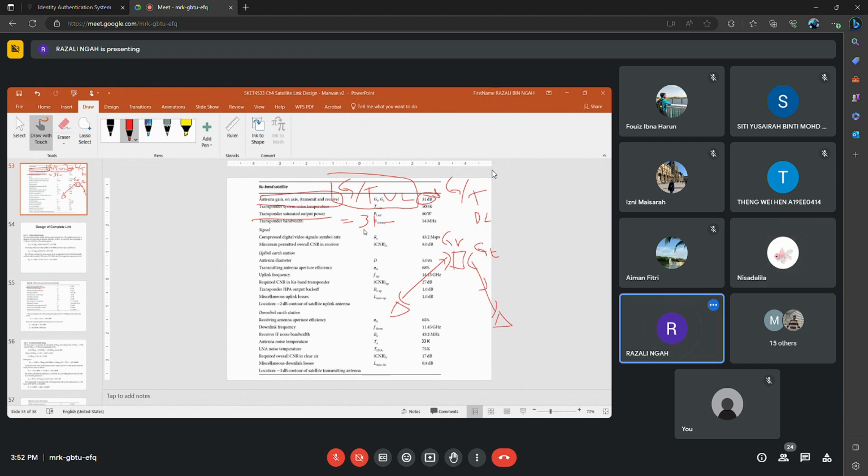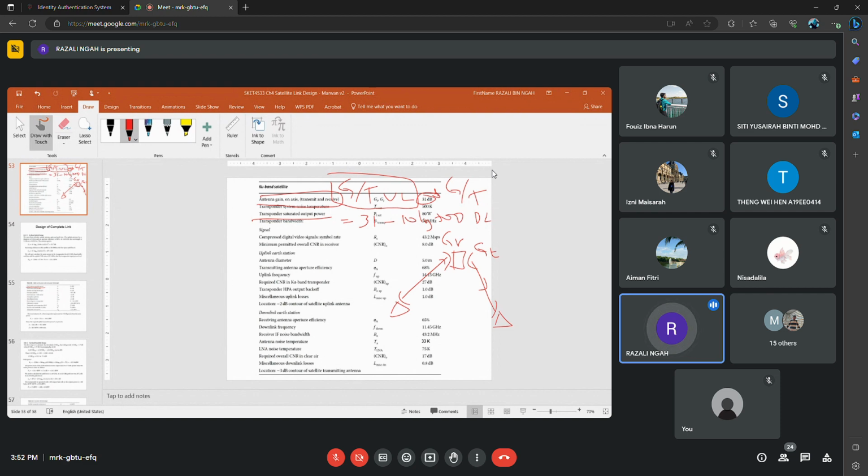How do you get 26.99? 10 log 500 Kelvin. Yes, that's correct. 31 minus 10 log 500. So that's your uplink G over T.